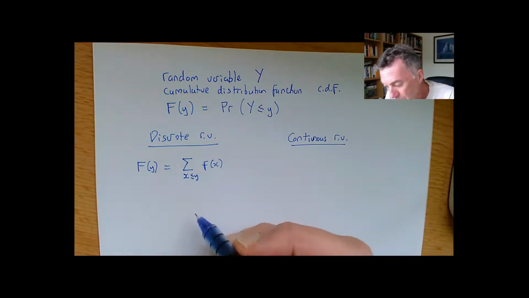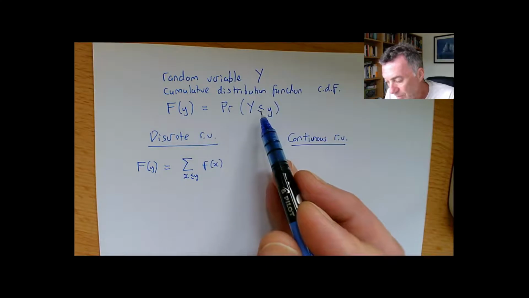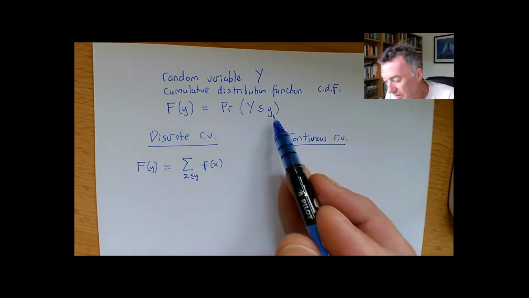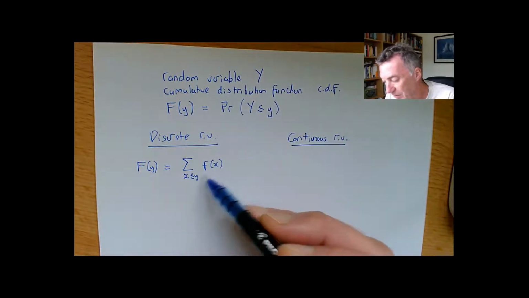Basically, the probability of getting Y less than a particular value is just the sum of the probabilities of getting all the values x that are smaller than y.